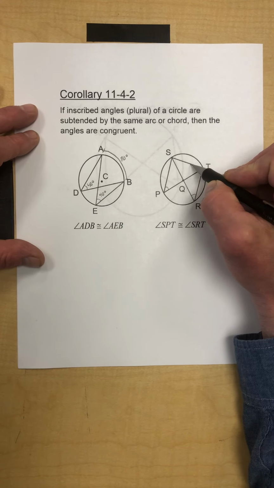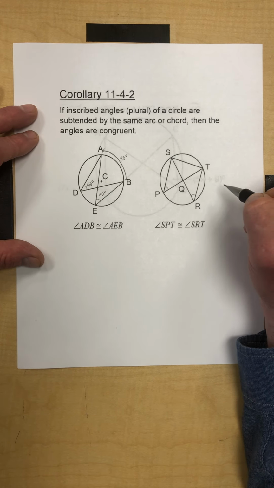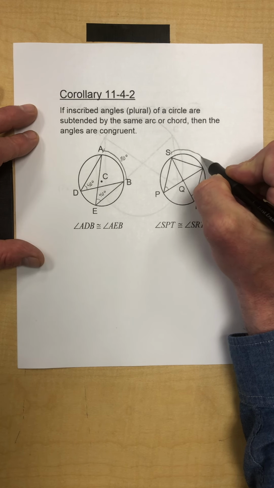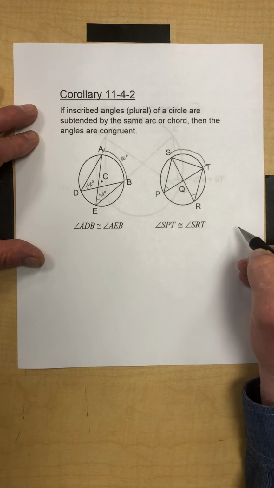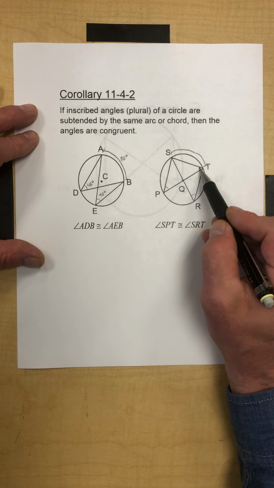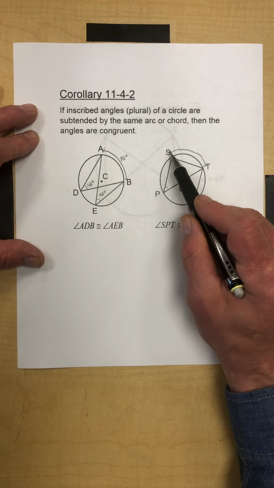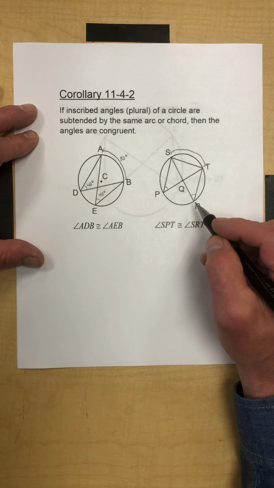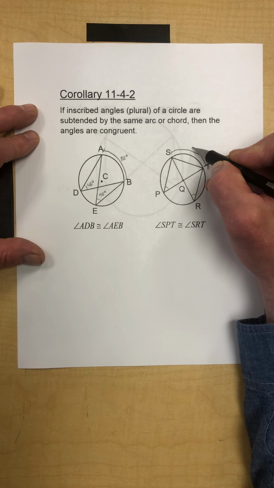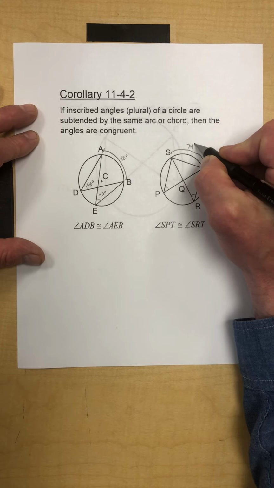Well, if both of these angles are subtended by the same segment or chord, that means they are also subtended by the exact same arc. So if we have two inscribed angles subtended by the same segment or chord, that means they're also subtended by the same arc, which means they have to be congruent. For instance, let's make it 74 degrees.